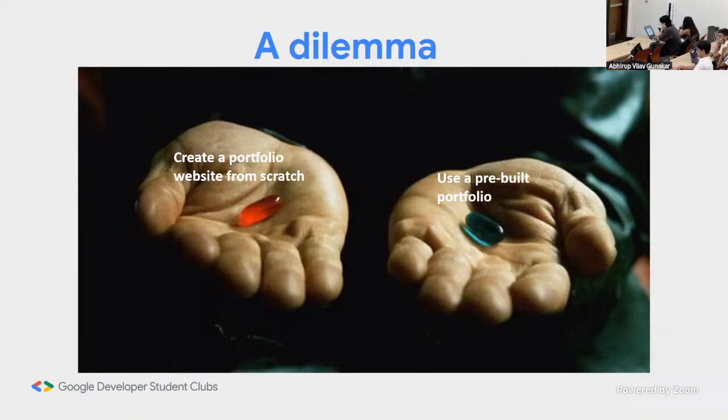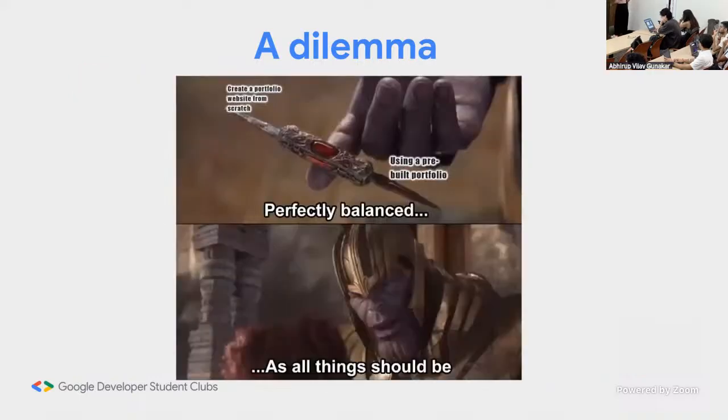Well, as Carl Sagan said, if you wish to make an apple pie from scratch, you must first invent the universe. If you wish to create your own portfolio website from scratch, you must first find the material for your laptop. And using a pre-built portfolio is not what we're here for. So moving on. The aim is to find the balance in life. Balance is it. We gonna stay right in the middle.